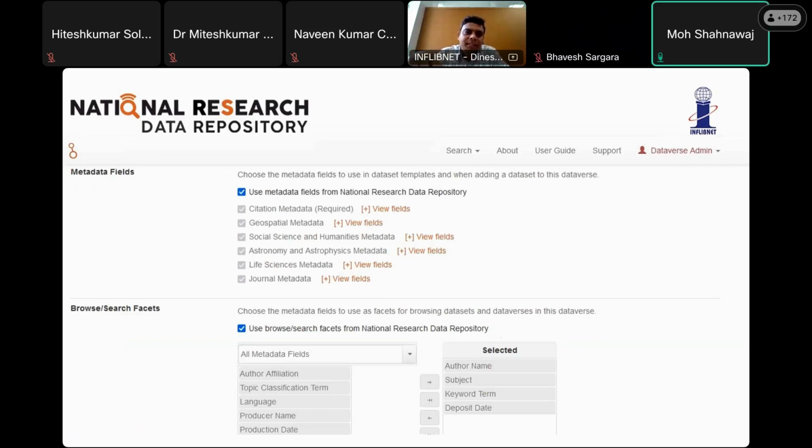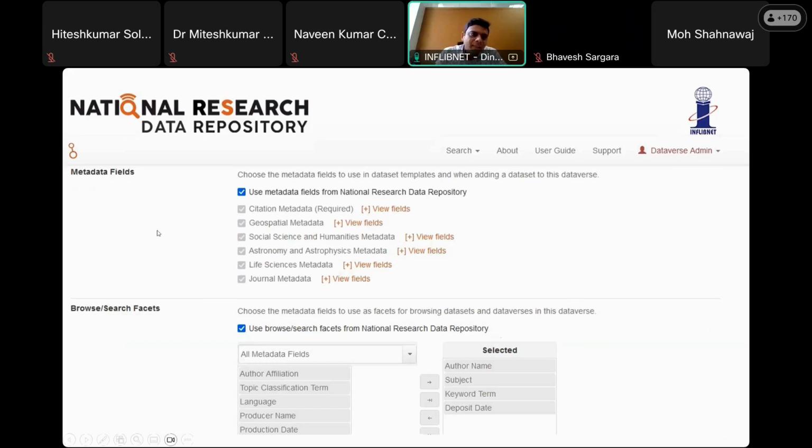Here you can see there are different types of research data that, as in the previous presentation, you have seen, like geospatial data, astronomy data, or life science data. Many different types of data are generated by different groups of scientists. So based on the subject area, the standard for the metadata also varies.